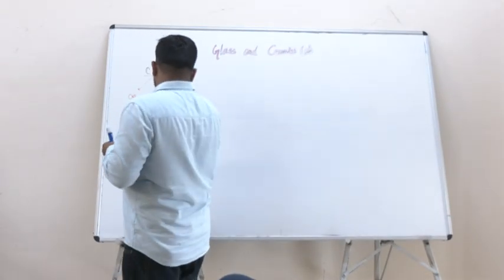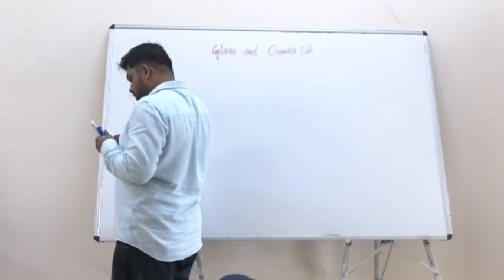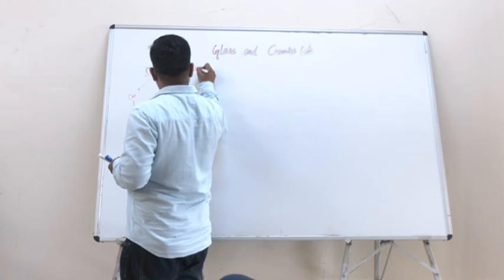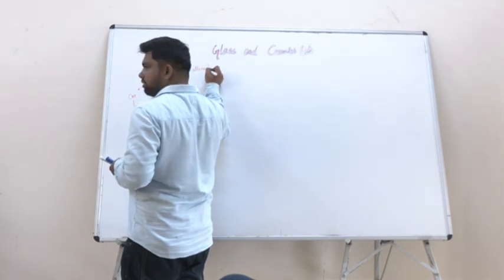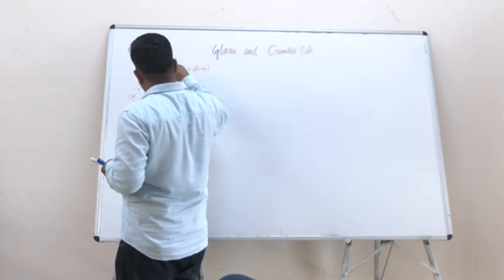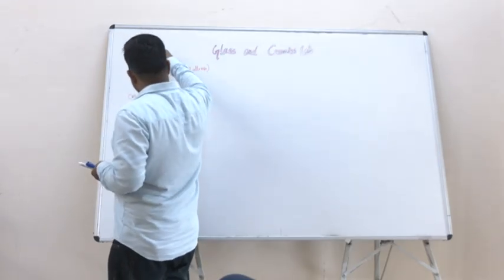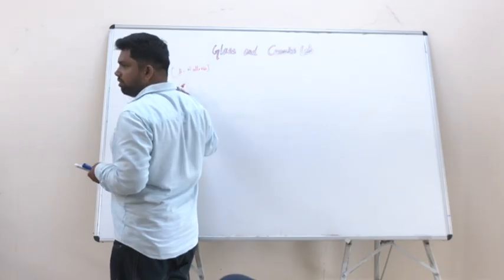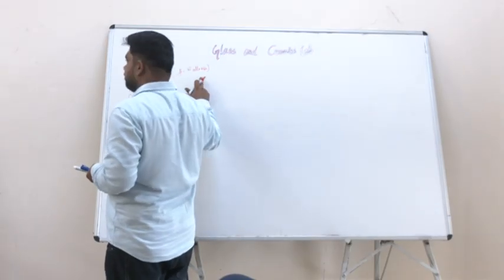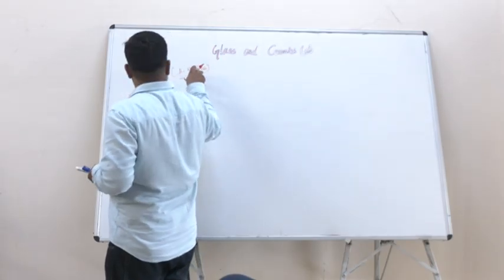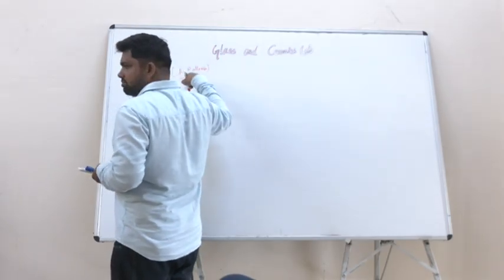Sir told you about beta wollastonite during the presentation. Calcium silicate has different forms, but one of the forms is beta wollastonite. So we are going to prepare this form of calcium silicate.